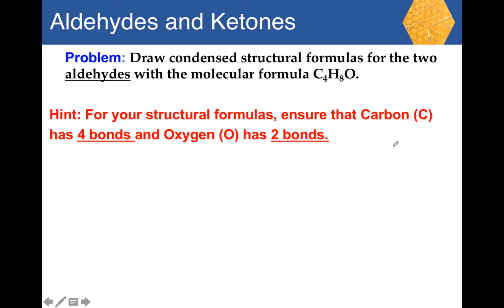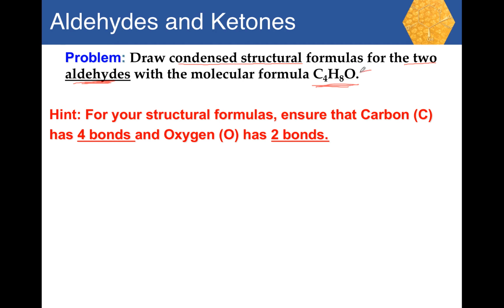So here is a question or problem to see if we can apply that knowledge. The question now is to draw a condensed formula for two aldehydes with the formula C4H8O.